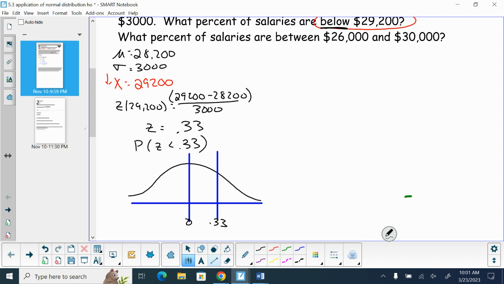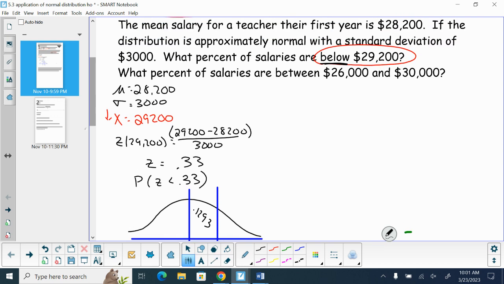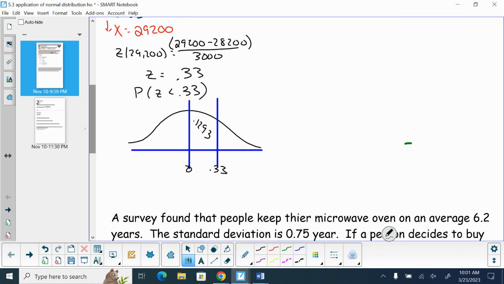Go to your table and find your table value, which gives us the value from 0 to that Z value. Joey, what do you get for the table value? 0.1293. Since the problem asks what percent is below, we want to know our area below this value.